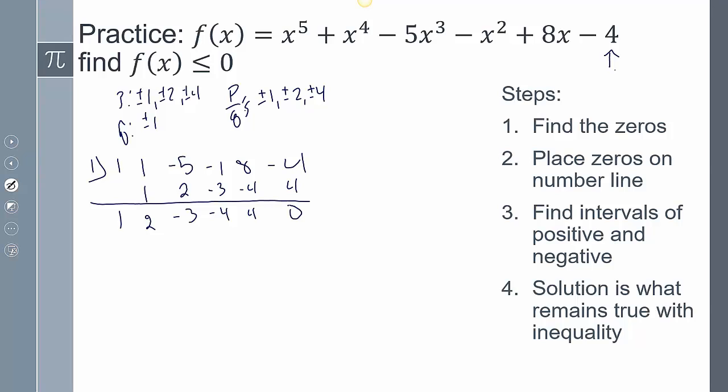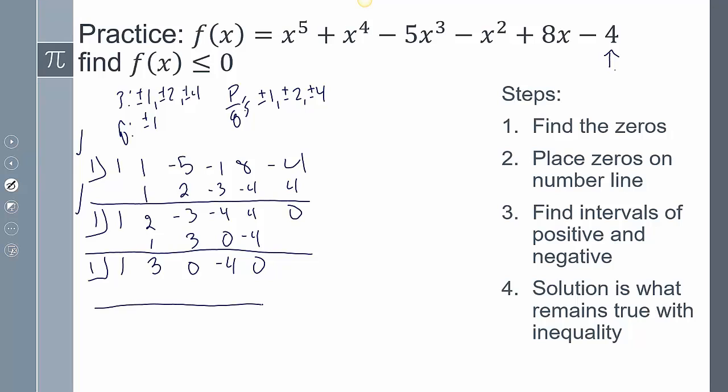Well, I can check for multiplicity, so I'm going to test another one. Trying 1 again. Bring down the 1, multiply, add, multiply, add, multiply, add, multiply, add. And so once again, I know that 1 worked again. Maybe it'll work one more time. I don't know. So let's bring down the 1, multiply, add, multiply, add, multiply.